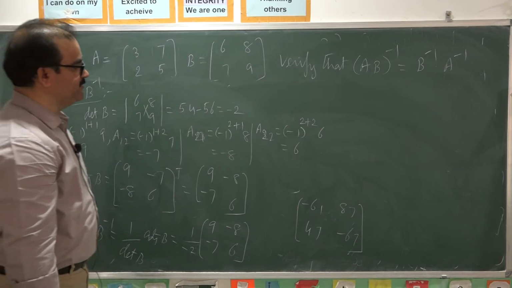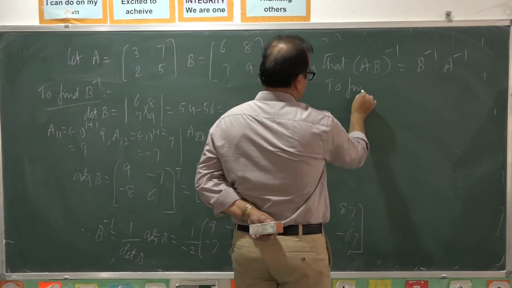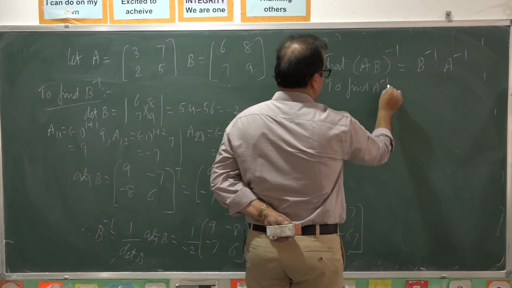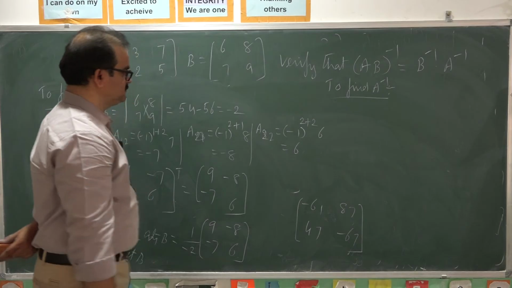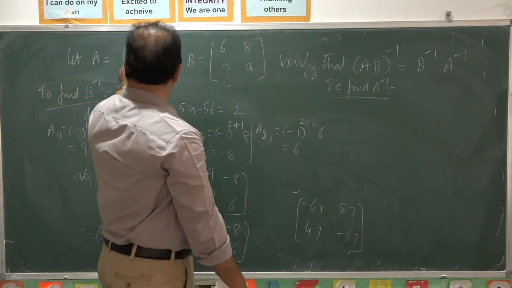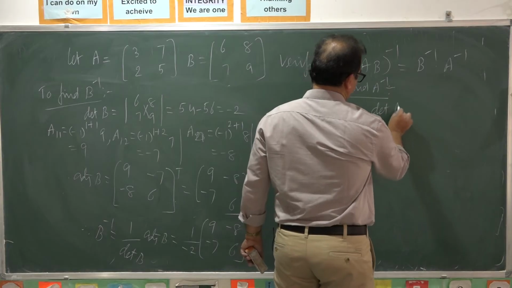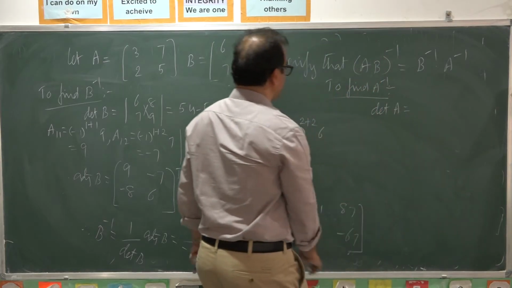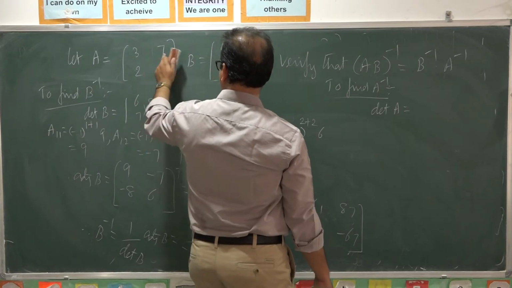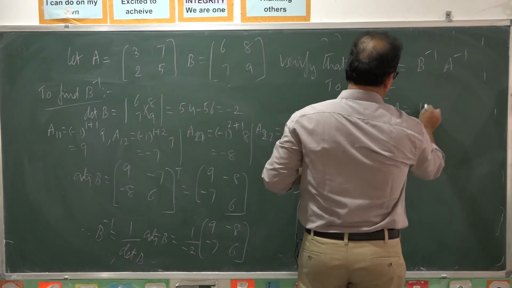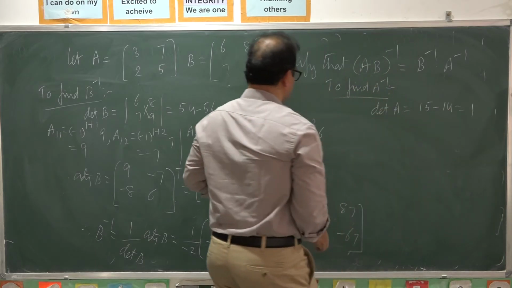In the same way you find A inverse. To find A inverse, first you find det A. Det A is equal to 3 into 5 minus 7 into 2. 15 minus 14, that is 1.